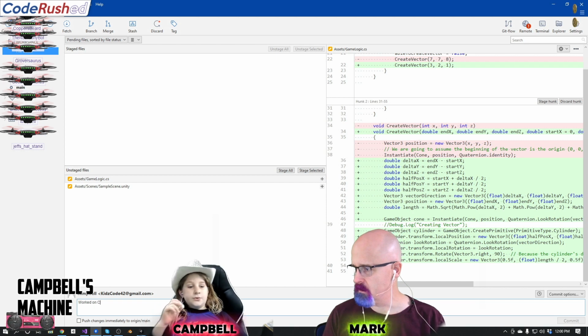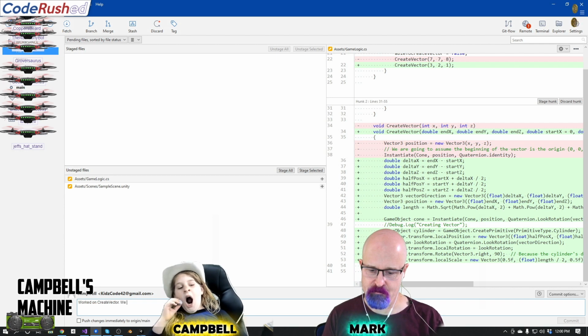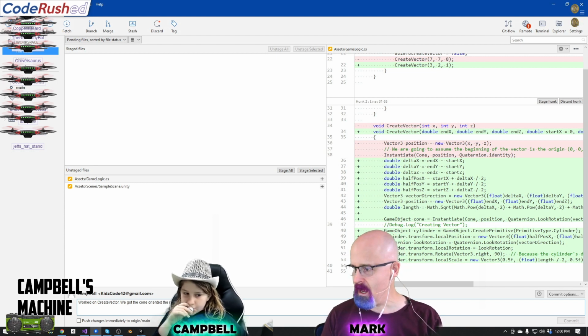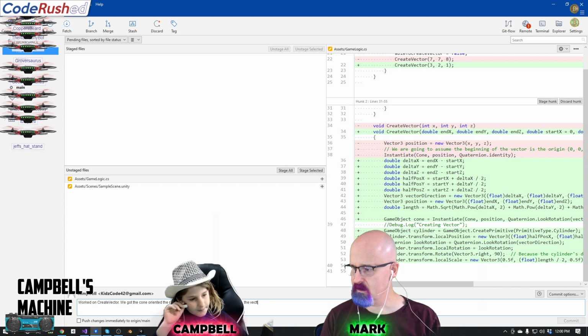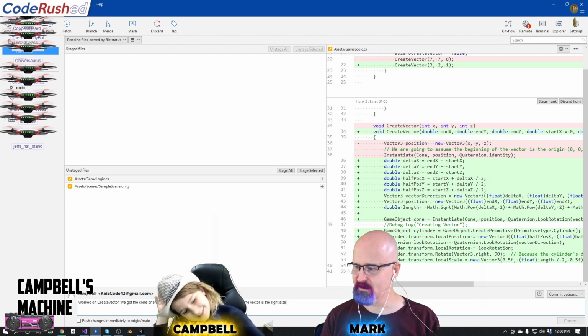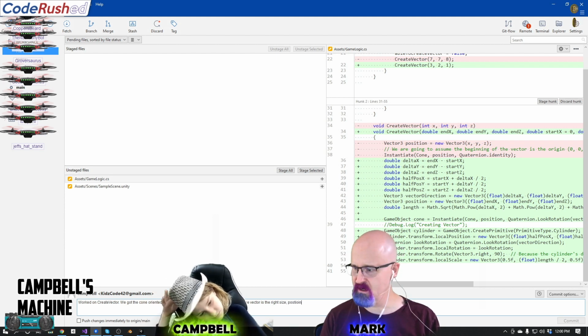We got the cone oriented the right way, and the cylinder that is going to be the arrow shaft or the vector shaft is the right size, position, and orientation as well.